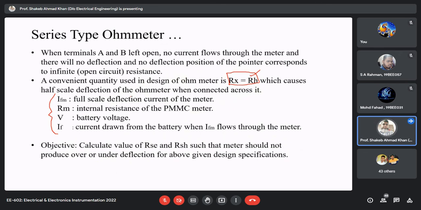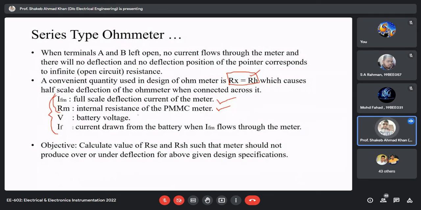So you should know, obviously since you are going to implement and design, what is the full scale deflection current of the meter, then the internal resistance of the permanent moving coil meter. These two are the specifications of whatever meter you will employ to design your series type ohmmeter.